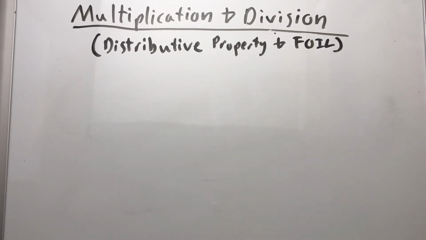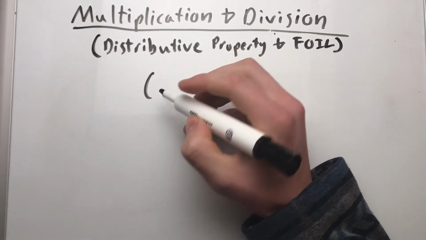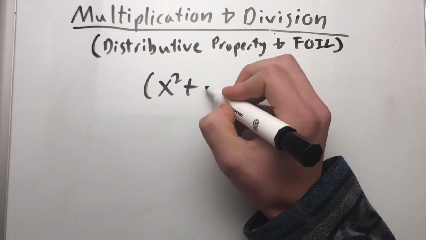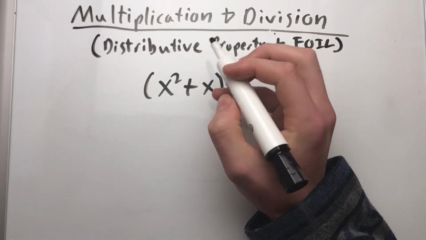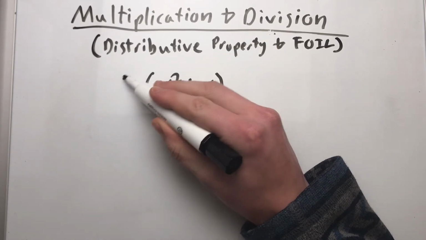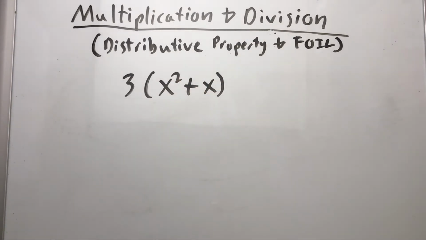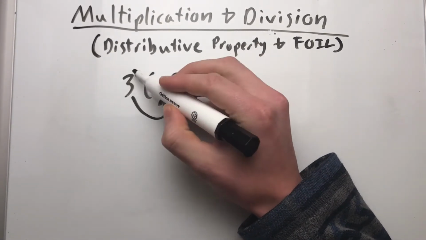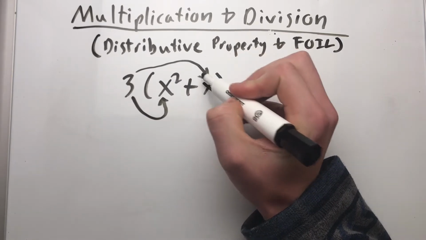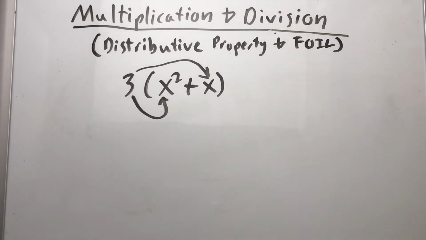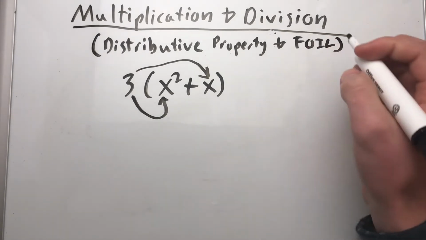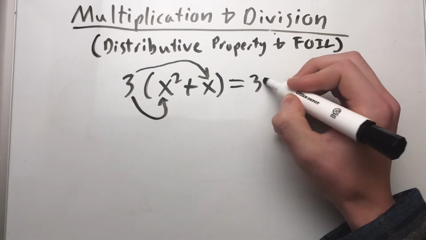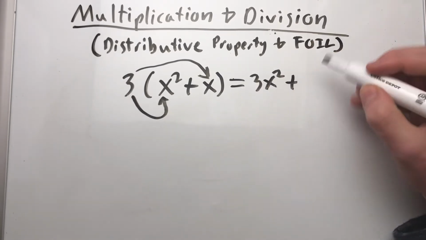The distributive property basically says that if you have something in parentheses, such as this x squared plus x, and you have something outside of those parentheses multiplied by it, you can take this and just distribute it to all of the terms inside. Therefore, 3 times x squared plus x just equals 3x squared plus 3x.